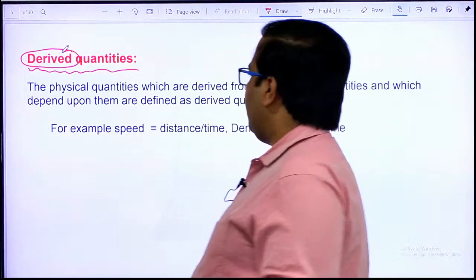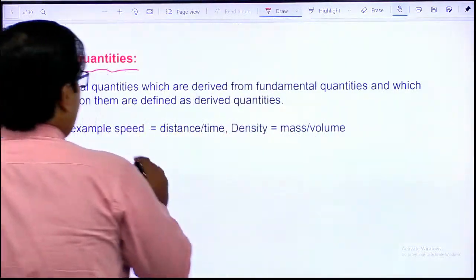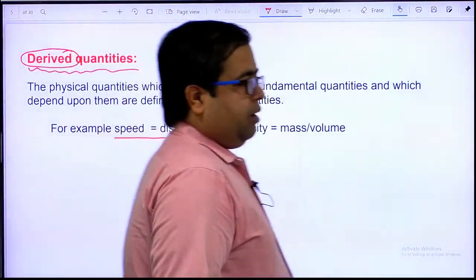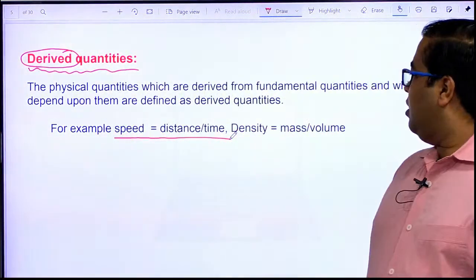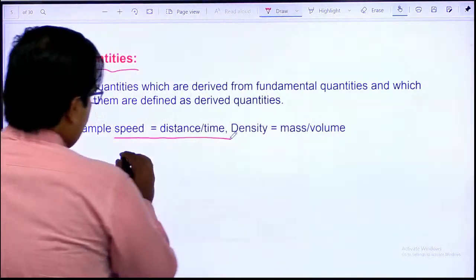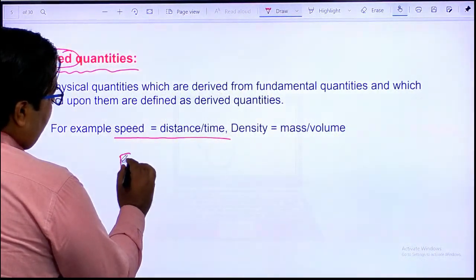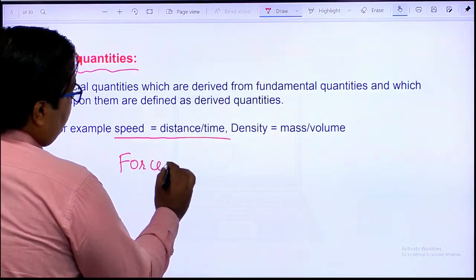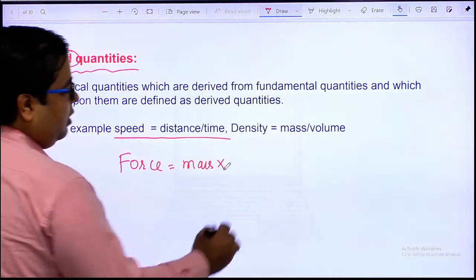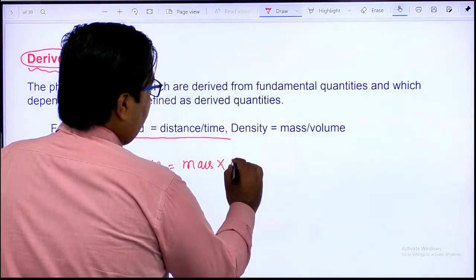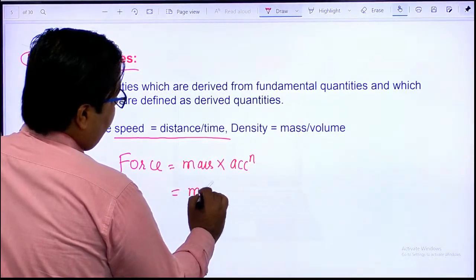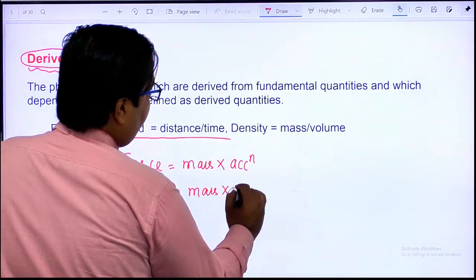You can take many examples. For example, speed is distance by time, density is mass by volume. If you want to derive force, force is mass into acceleration, and acceleration can be written as length by time square.